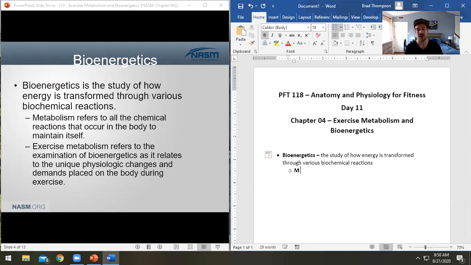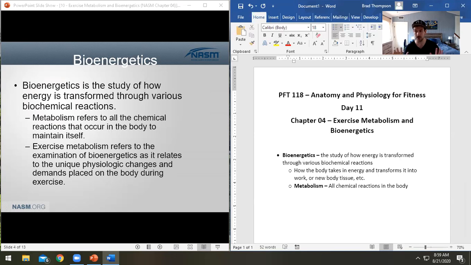Let's put a little sub-definition here: how the body takes in energy and transforms it into work or new body tissue, etc. This is how the body is going to take in food sources and do other stuff with it. So metabolism, we've been over this a bunch of times, is all chemical reactions in the body.